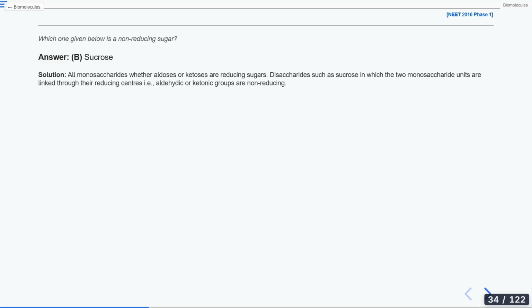So you are close to that, but not almost correct. Whenever you do the hydrolysis of sucrose, you get a dextro to levo conversion. So there is a complete change in the sense of rotation of the plane polarized light. So we name it the invert sugar. Moving on to the next question.